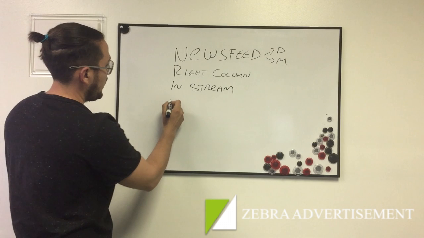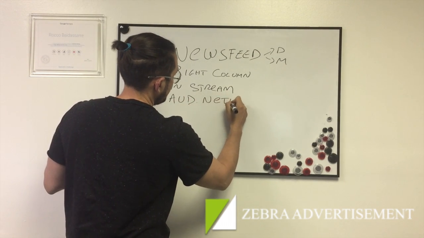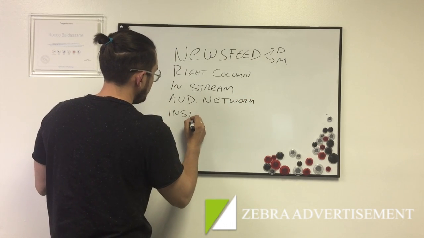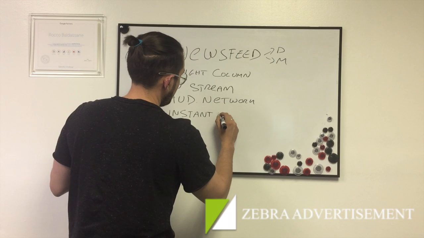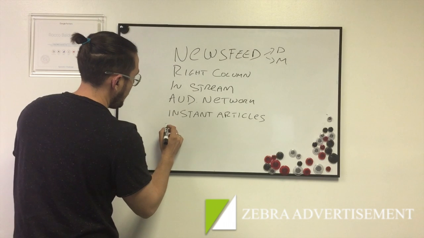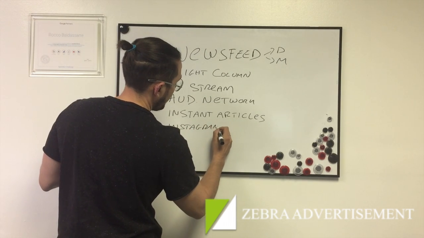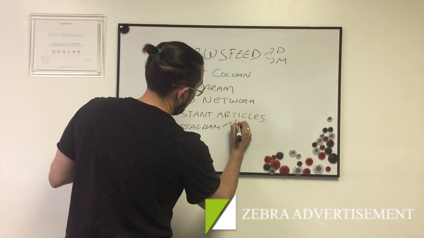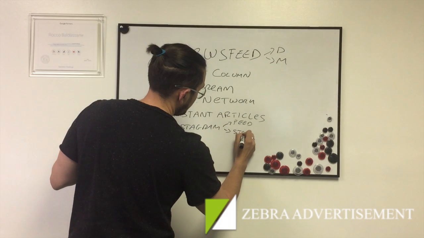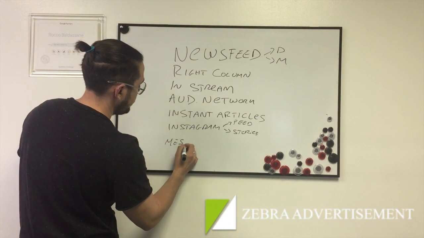Then you're going to have the audience network. Then you're going to have instant article. Then you're going to have Instagram. And Instagram is divided in feed and stories. And then you're going to have Messenger.